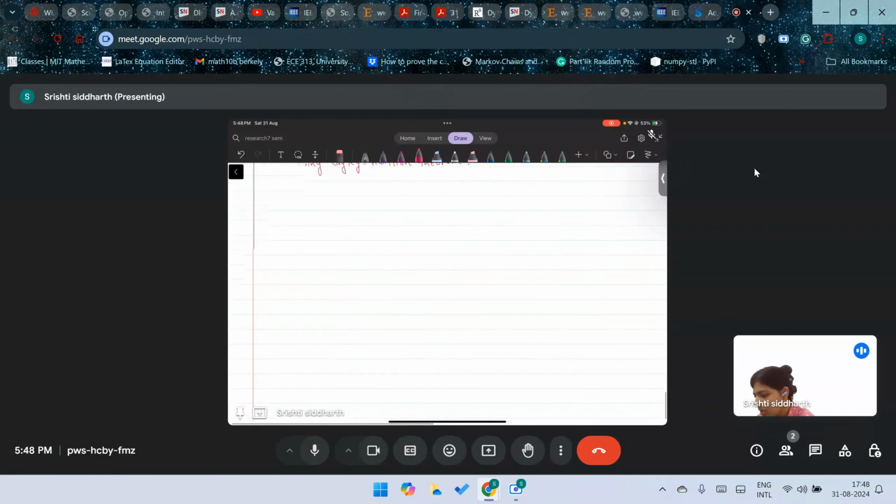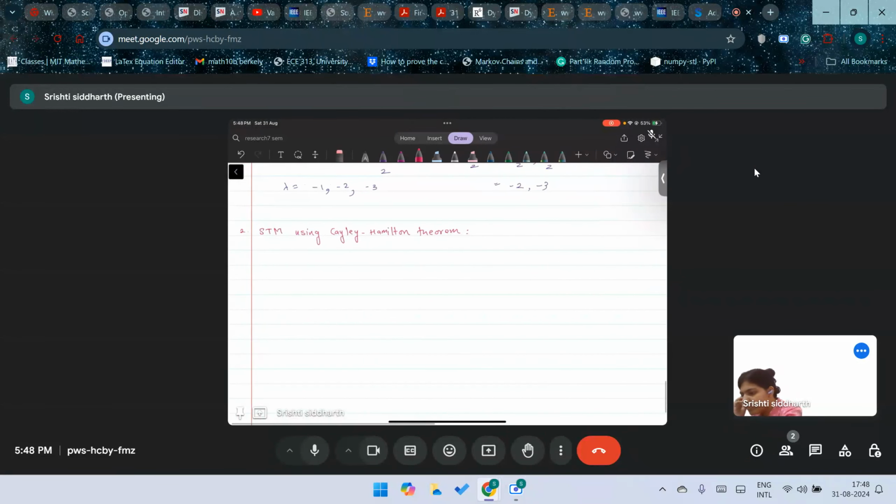Alright, so what's the statement of the Cayley-Hamilton theorem? That every matrix satisfies, so we are talking about a square matrix in our case, its characteristic equation.